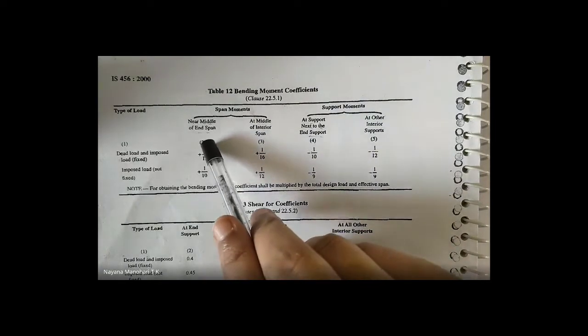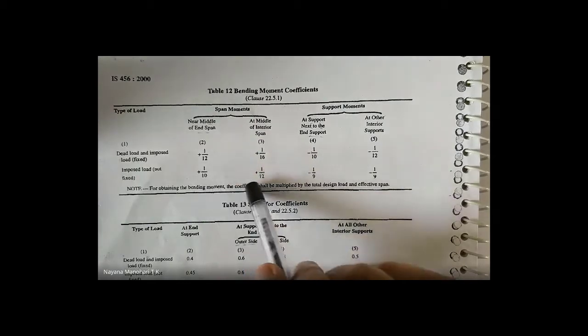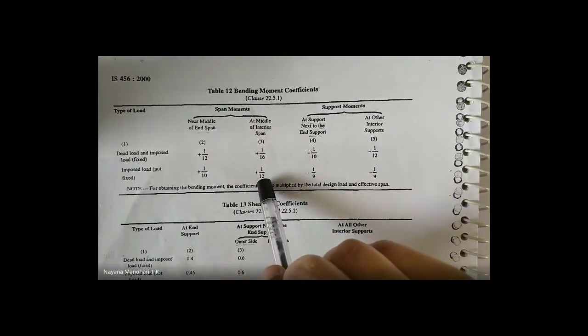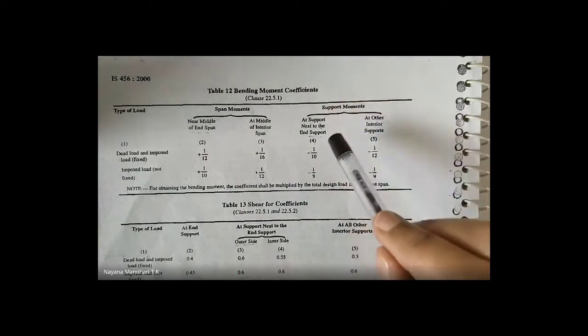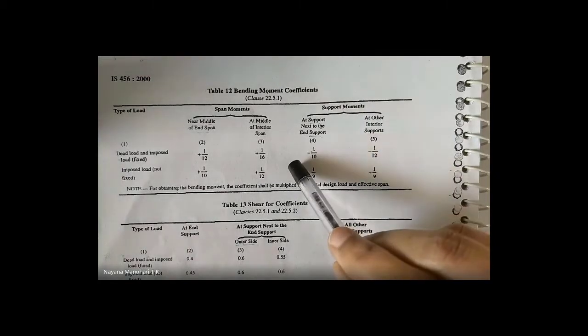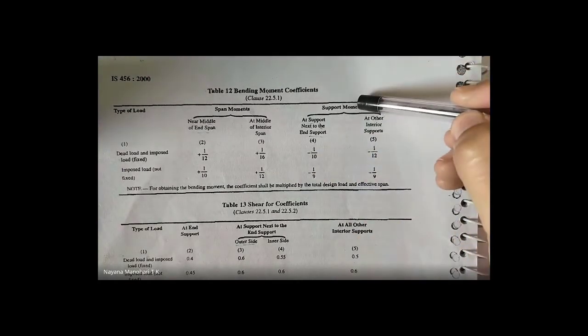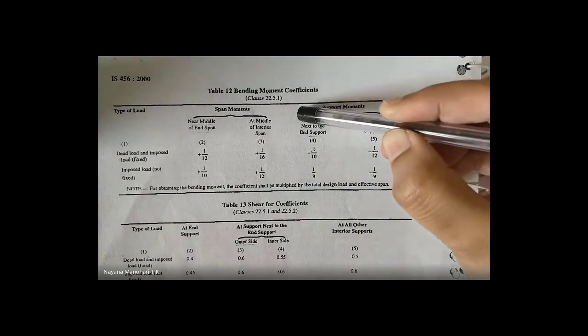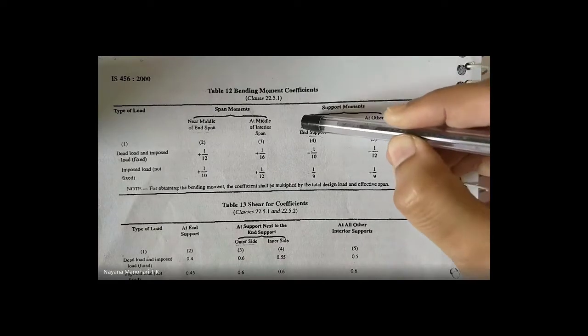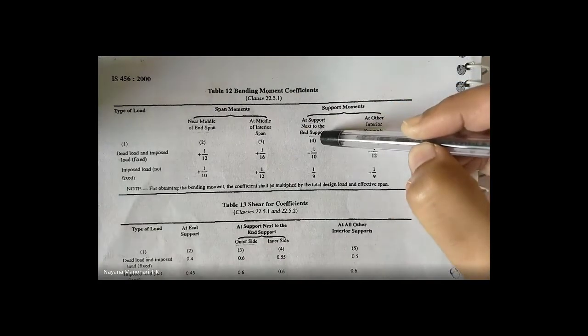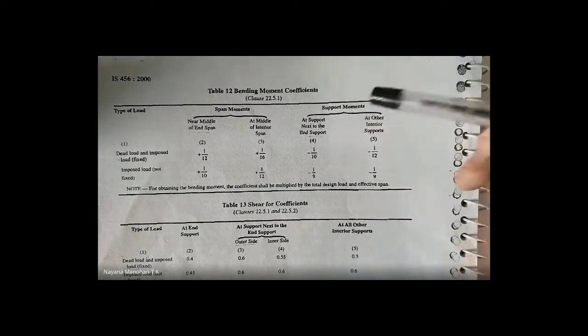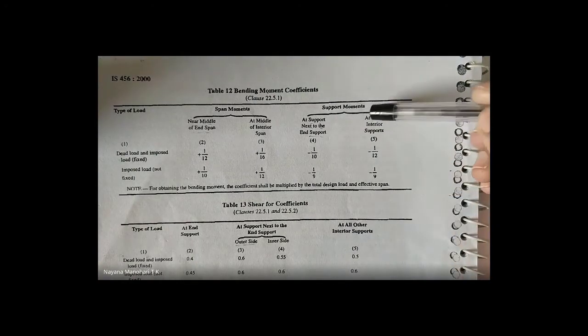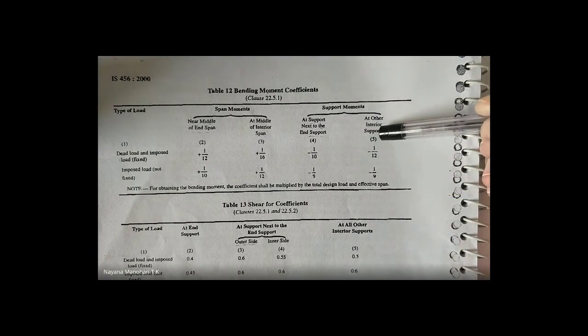See these, plus 1 by 12. The span moments are always positive, and the support moment is always negative. In case of support moment, they are specified at the support next to the end support. I will show you which are the end supports. Next is at other interior support.